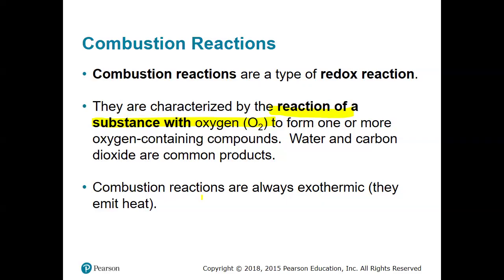Now, the most common types of combustion reactions that we will focus on are the combustion of hydrocarbons, organic fuel materials. And in those cases, water and carbon dioxide are the most common products of those kinds of reactions.